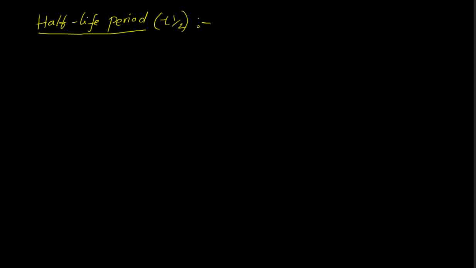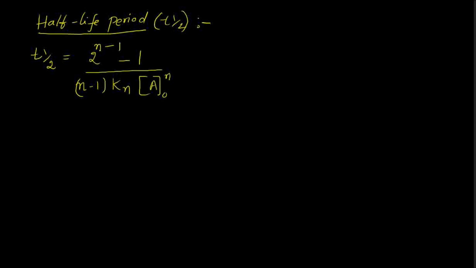The general relation between half-life and the order of the reaction is t half equals 2 power n minus 1 minus 1 by (n minus 1) k_n a naught power n minus 1.